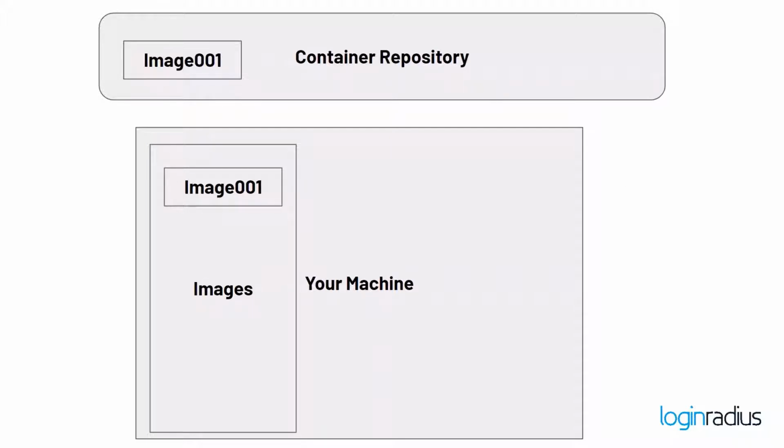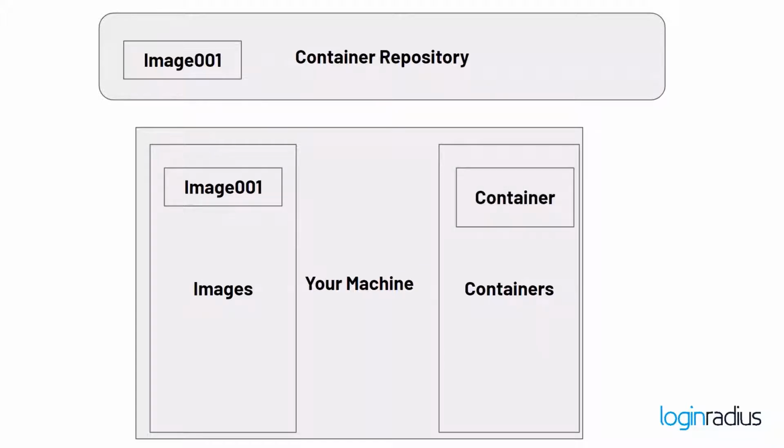We present this image to the Docker CLI with a few more options, and then we see those images working as containers. And this is how it actually happens. So this is what we have done lately.